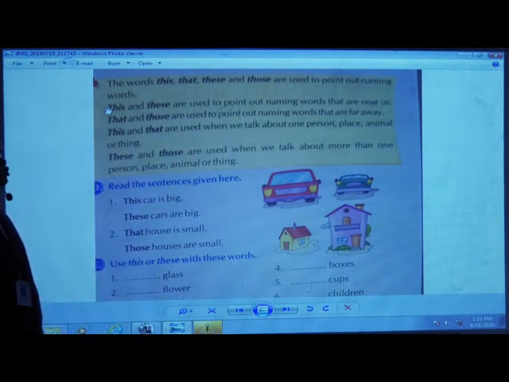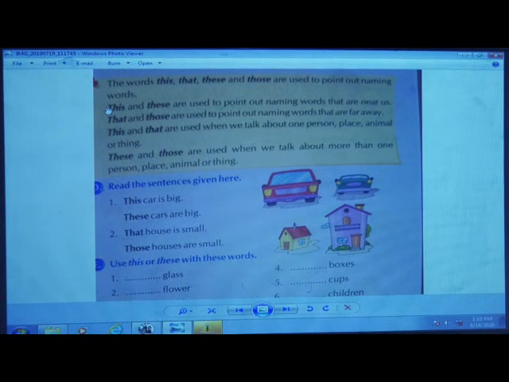Then this and that are used when we talk about one person, place, animal or thing. Now see here, this and that, when will we use them? When it is one person, place, animal or thing. Then these and those are used when we talk about more than one person, place, animal or thing. Now see children, when to use this, that and when to use these, those.